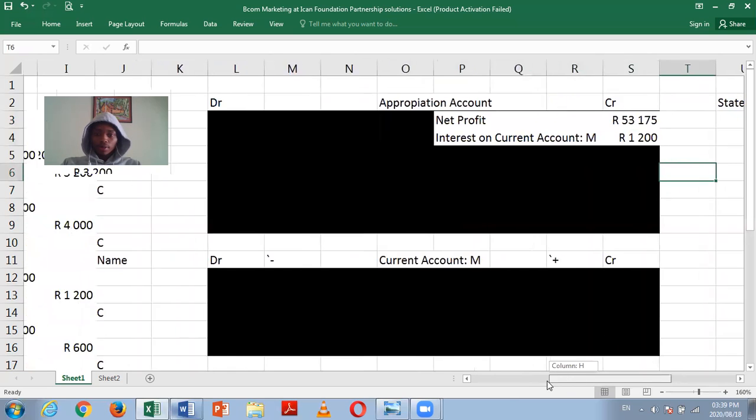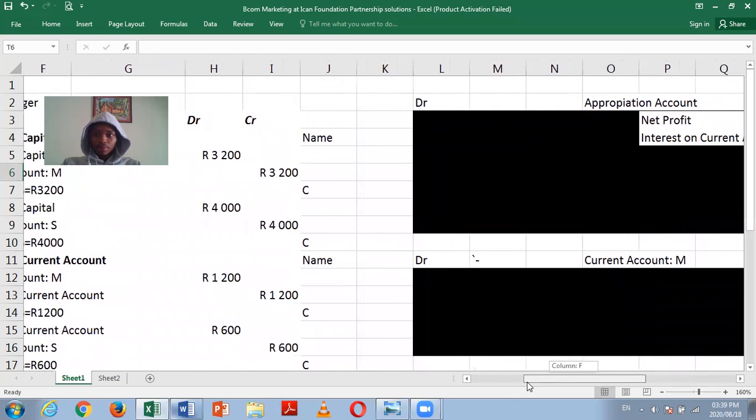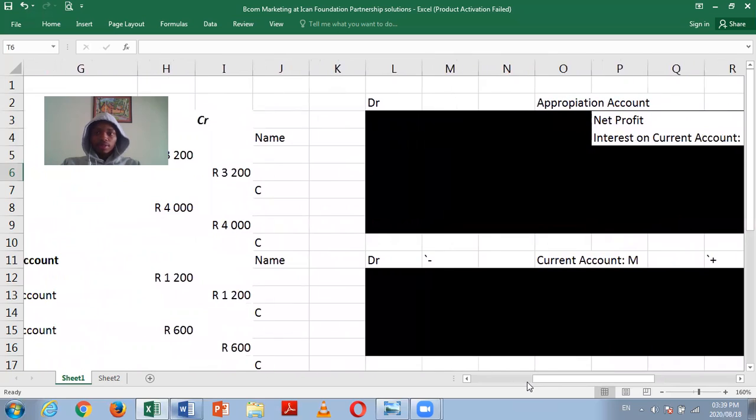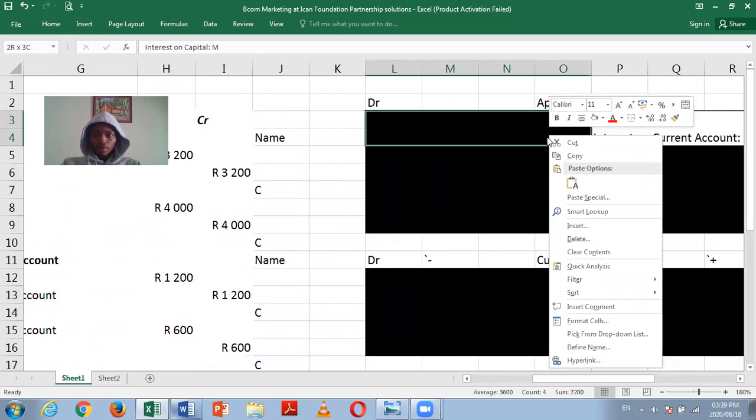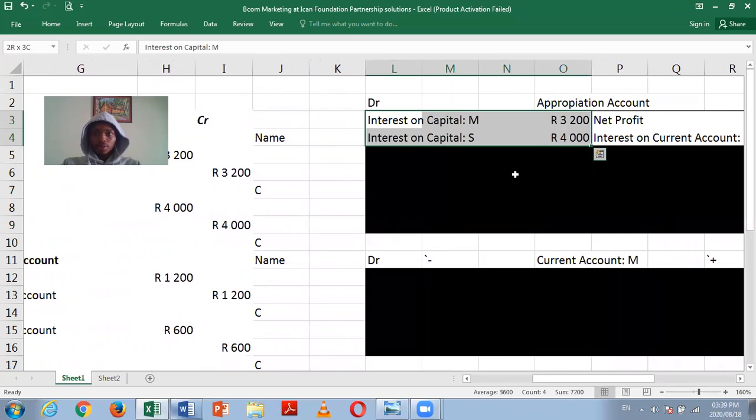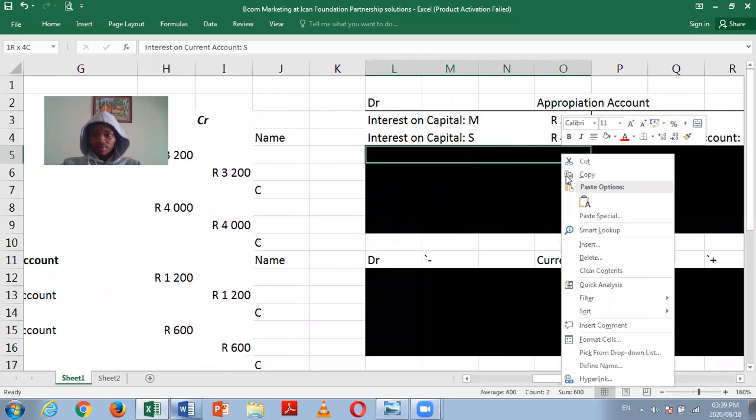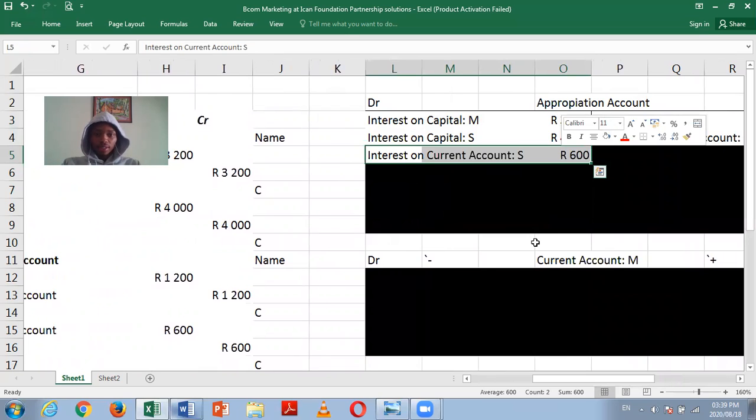And then whatever the partners earned, we're gonna put on the debit side. So the partners earned interest on capital. It's for both partners, which is 3.2 and 4,000. And then we have one partner who received interest on current account because of the favorable current account, right?